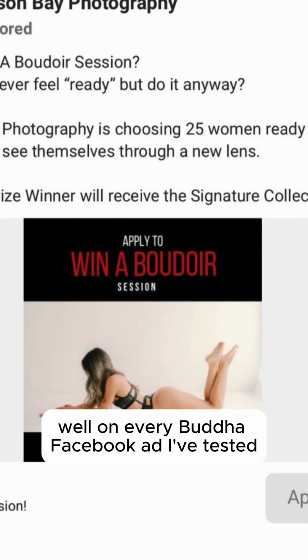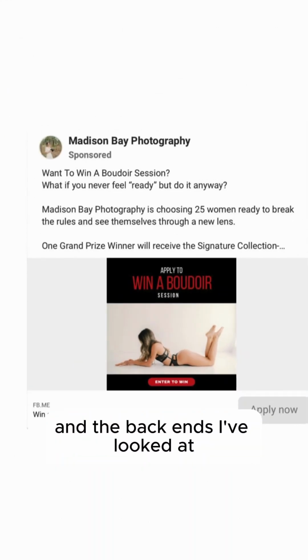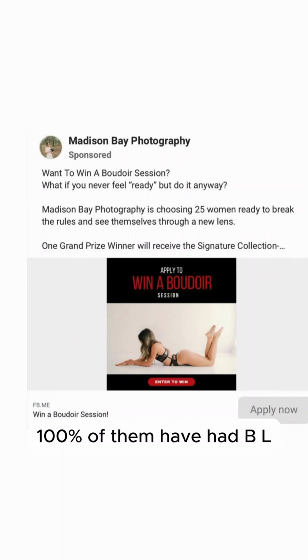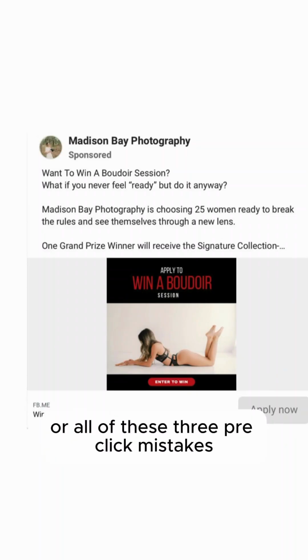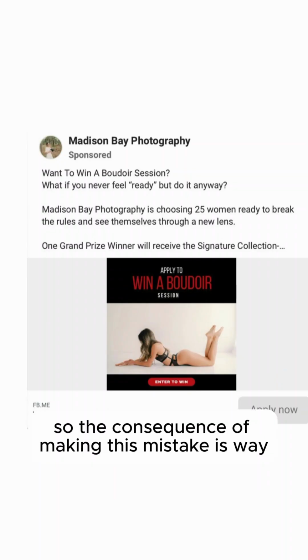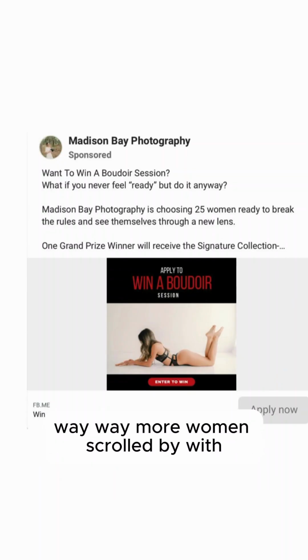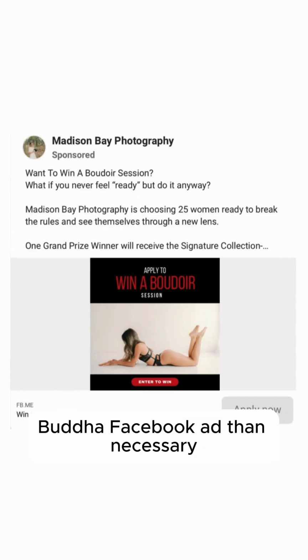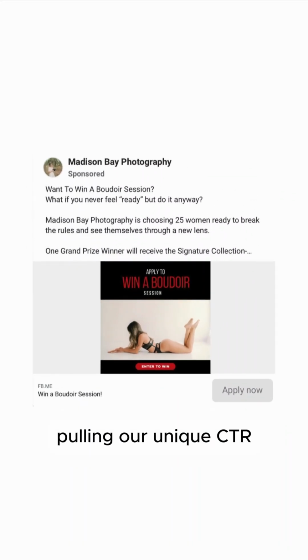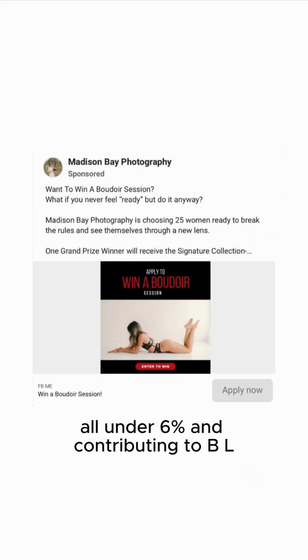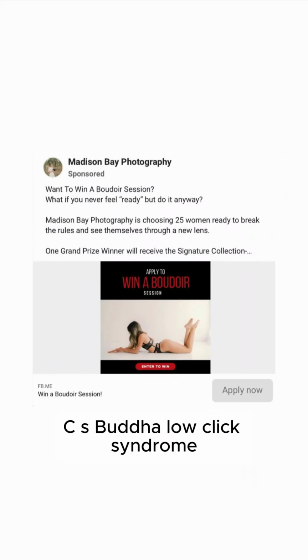Well, in every Boudoir Facebook ad I've tested and the backends I've looked at, 100% of them have had BLCS, Boudoir low click syndrome, because they're making some or all of these 3 pre-click mistakes. So the consequence of making this mistake is way, way, way more women scrolling by our Boudoir Facebook ads than necessary, pulling our unique CTR under 6% and contributing to BLCS, Boudoir low click syndrome.